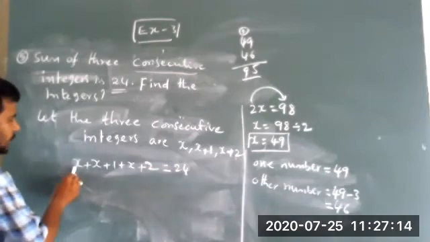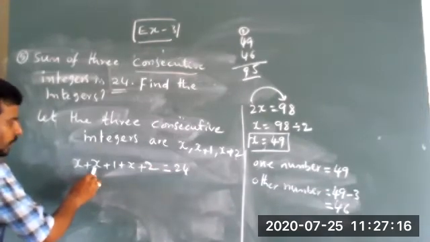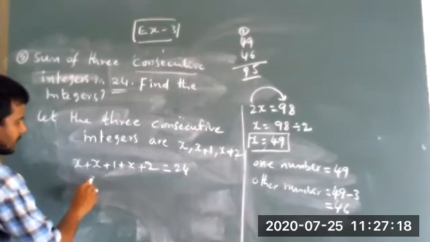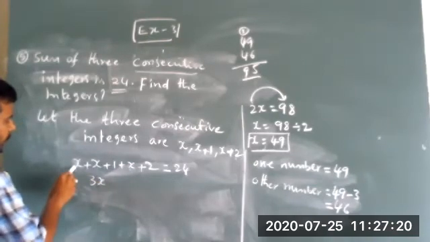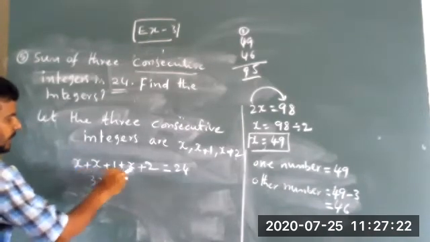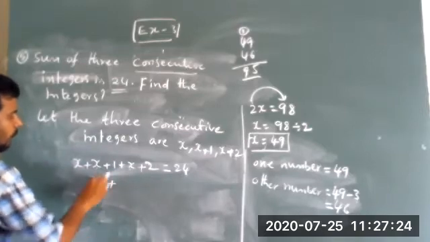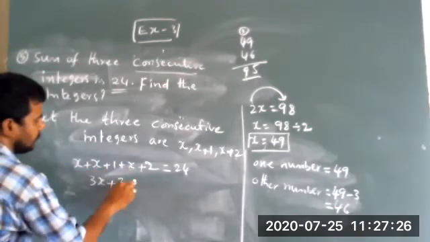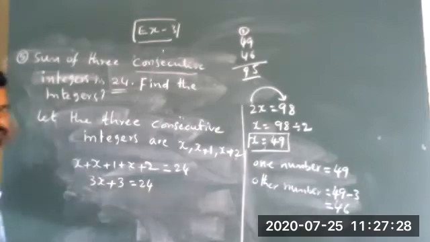Now x plus x is 2x, 2x plus x is 3x. Plus 1 plus 2, that is 3, equals 24.